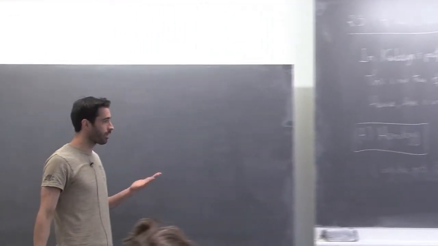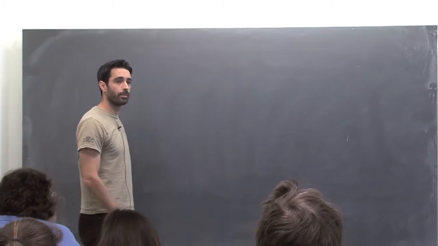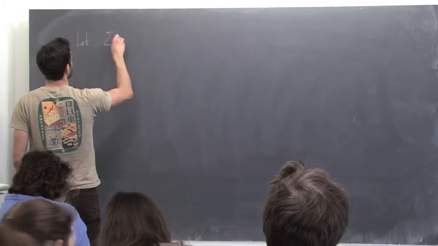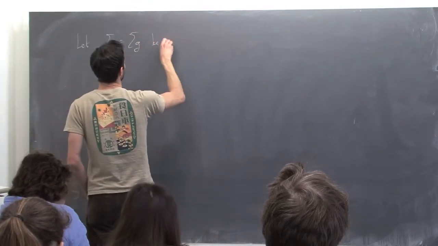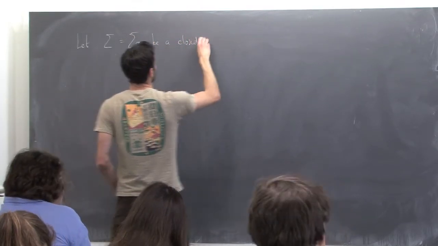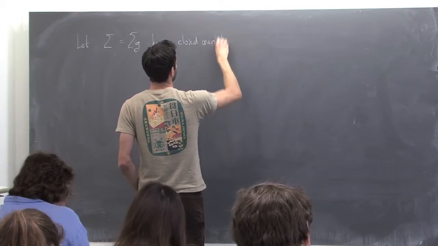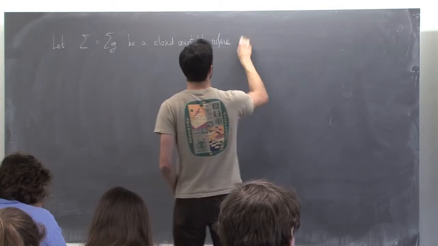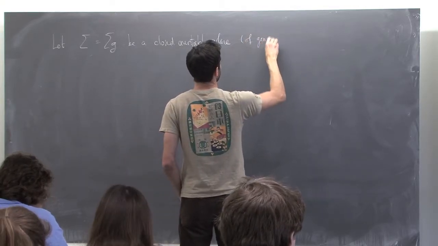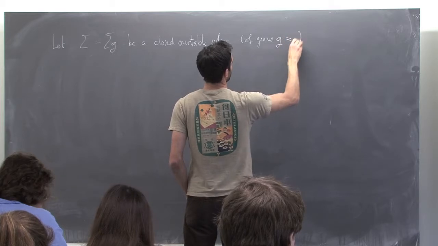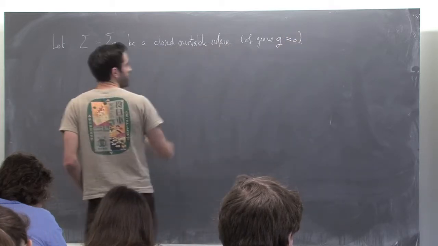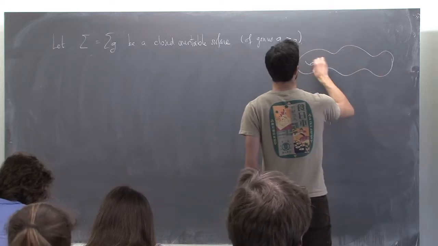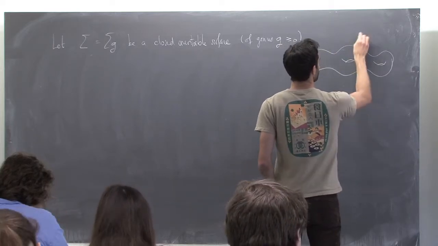Okay, since we're dealing only with surfaces, I'm going to assume that my topological space is a surface. So let sigma G be a closed orientable surface, of genus G. You know what this looks like, I guess. This is a genus 3 surface.